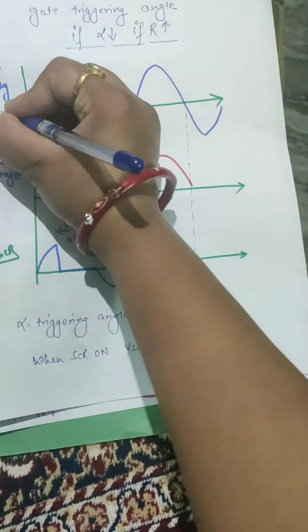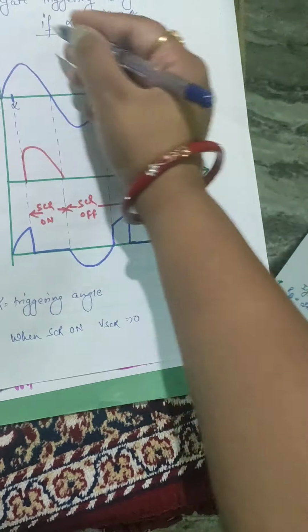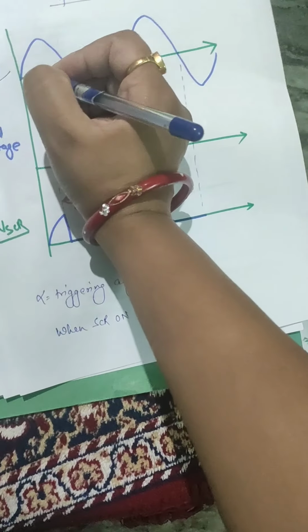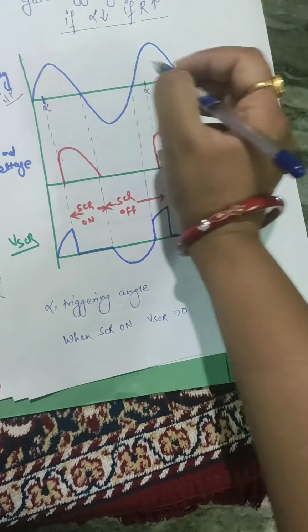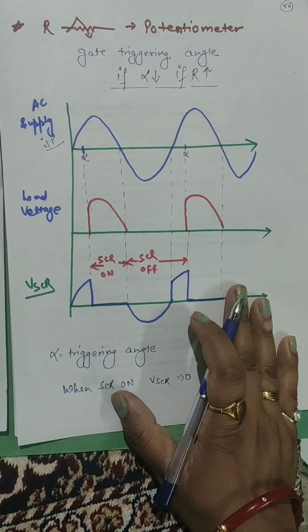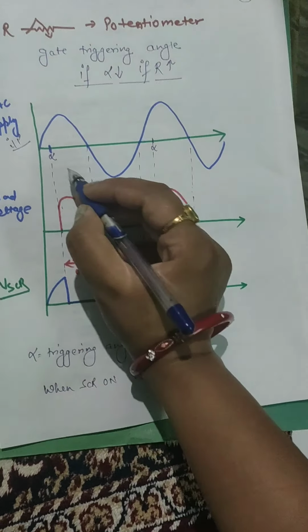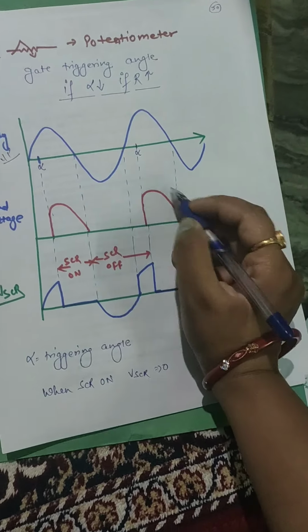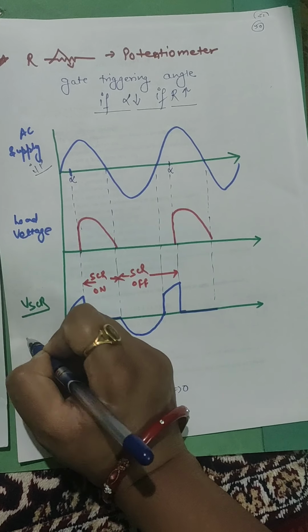As an input, this is the input AC supply. Let's suppose the firing angle is this. So the load voltage will appear after the firing angle.